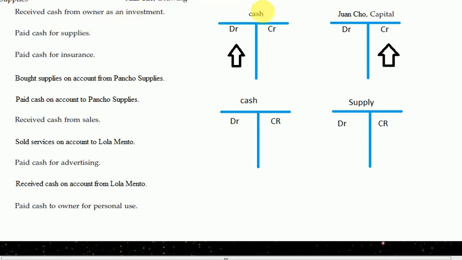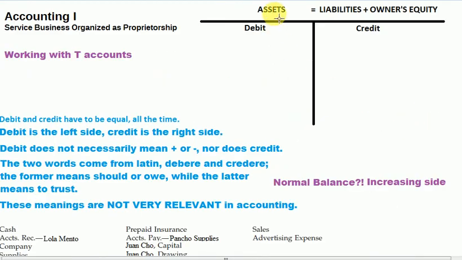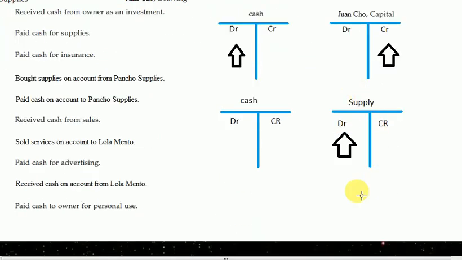So here we see that supply is being debited. You increase the supply. Remember, when an asset increases, it is debit. And the cash in this case, what happened to cash? Cash decreases, so cash is being credited.